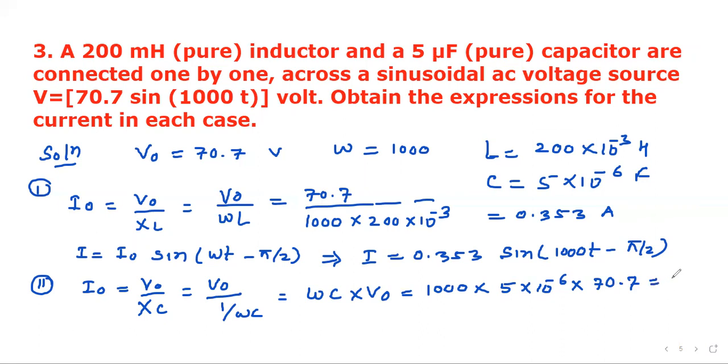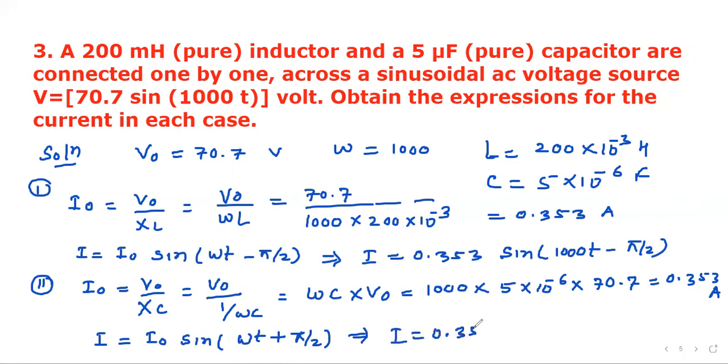If we simplify, we will get same value 0.353 ampere. Now we write current equation I equal to I0 sine omega t plus pi by 2. If you remember, current leads voltage by pi by 2. So I equal to 0.353 times sine 1000 t plus pi by 2.